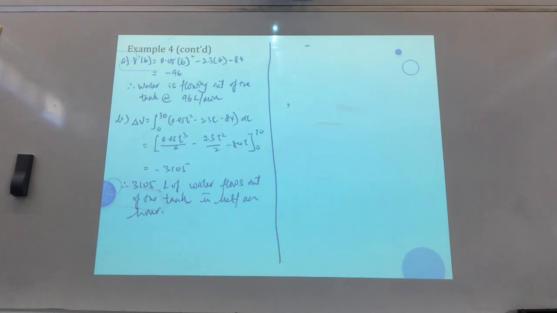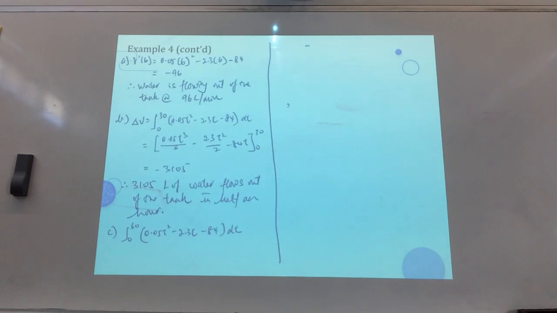So from there, Part C. I'm integrating from 0 to 60 because it's one hour. Now, read the question. There were 6,000 liters of water in the tank initially. How much water is in the tank after 1 hour?